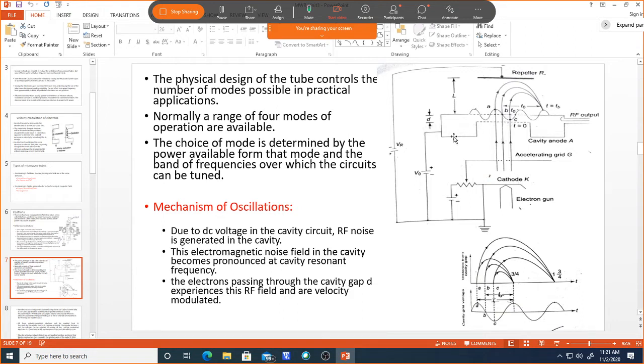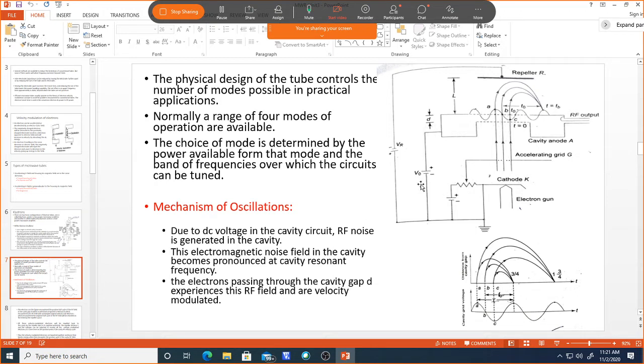Okay, and this cavity is given a positive potential, which is called V naught, and the repeller is given a negative potential. Why it is given a negative potential, we will see. Now, the electrons produced by this electron gun travel through this accelerating grid G, are accelerated, and come to the nearby cavity.